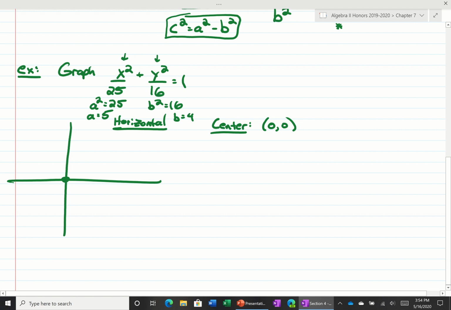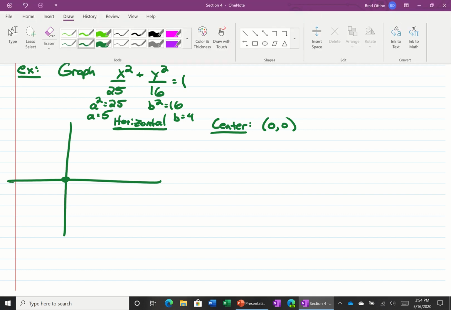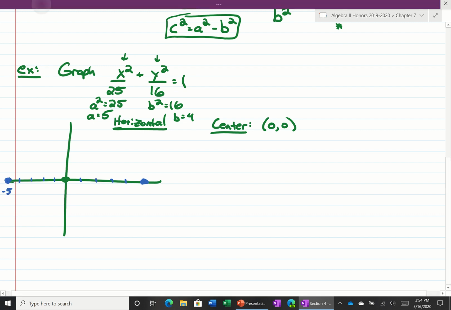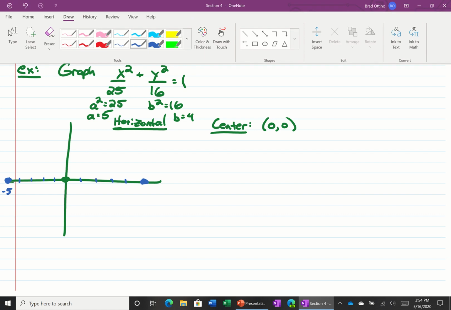Because this is horizontal, we're going to go out 5 units horizontally. And the minor axis would go the opposite direction.